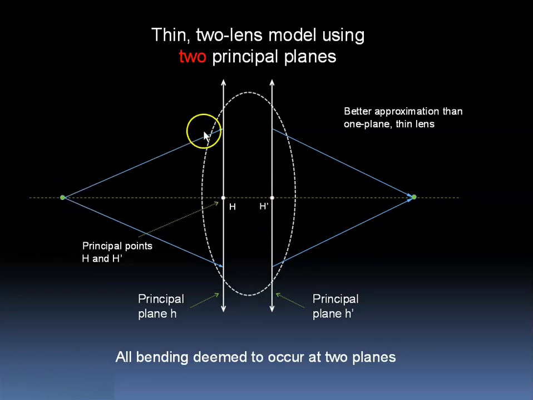So here we have the light diverging, and once it reaches the first principal plane, we then just continue at the second principal plane as if nothing happened between them, and then we have it go on its way to the image point. This is the thin two-lens model as opposed to the thin one-lens model of representing a real lens. We will not use this very much in our calculations for clinical purposes.